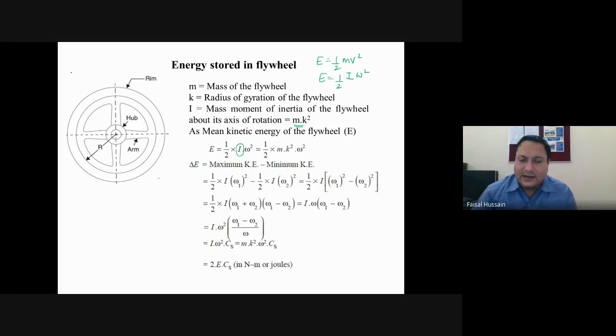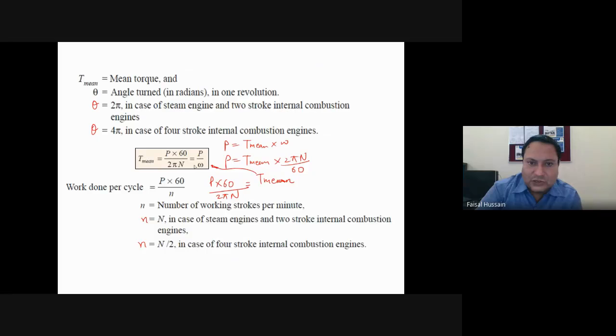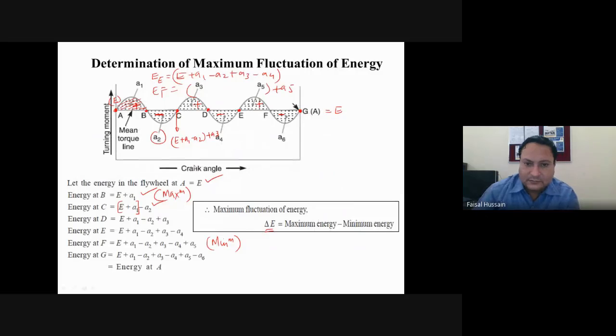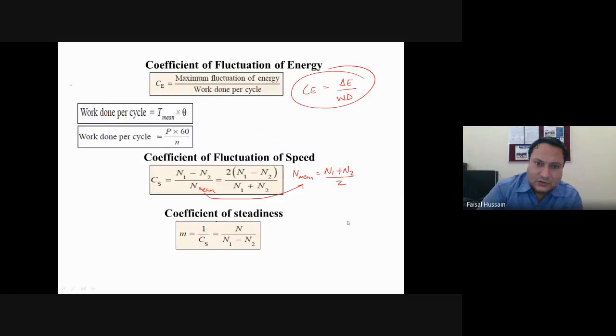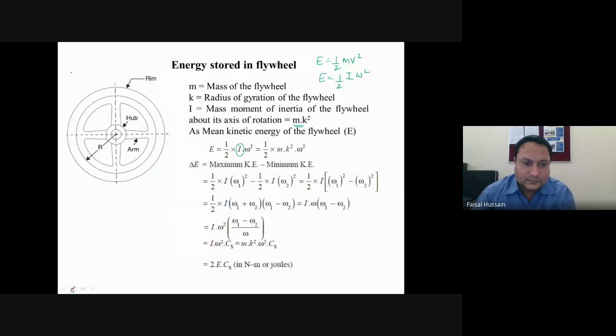Now we have seen that the maximum fluctuation of energy is the difference between maximum energy and minimum energy. So here also, the maximum fluctuation of energy will be maximum kinetic energy minus minimum kinetic energy.